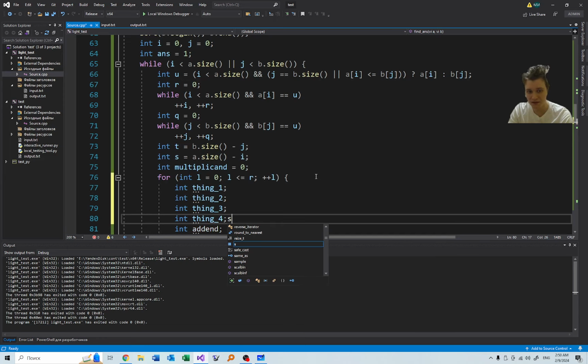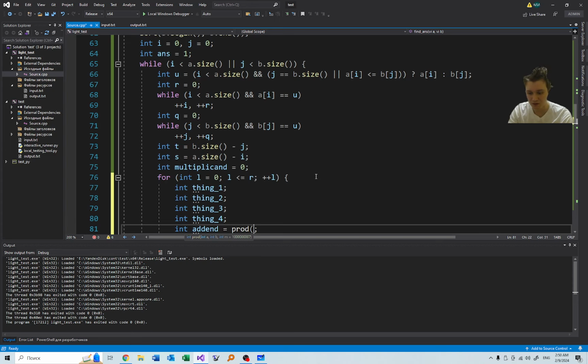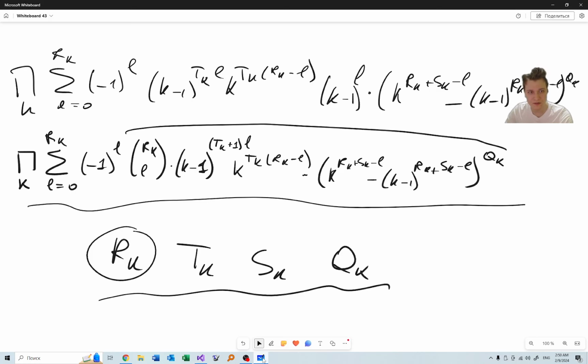And then addend is simply the product of these things. Let's calculate them separately. So thing 1, for example, is choose rk, L.